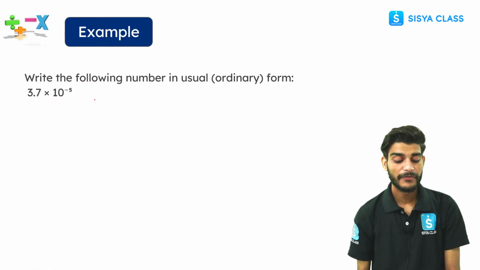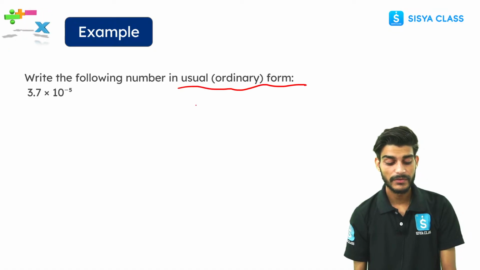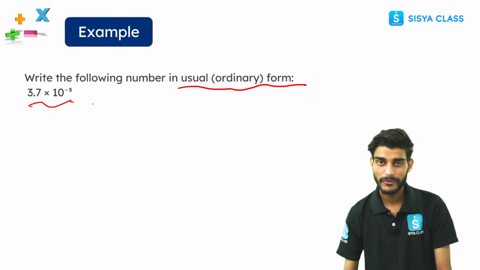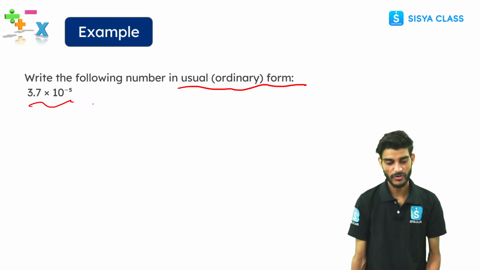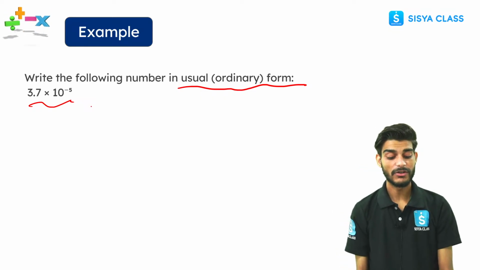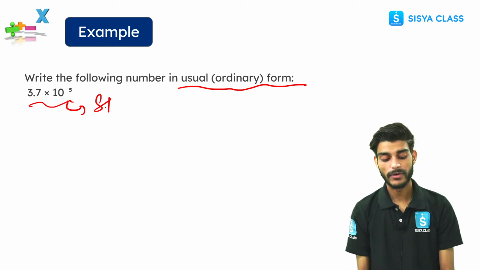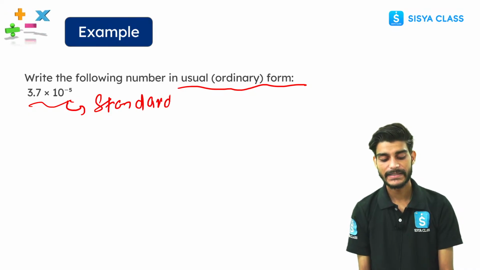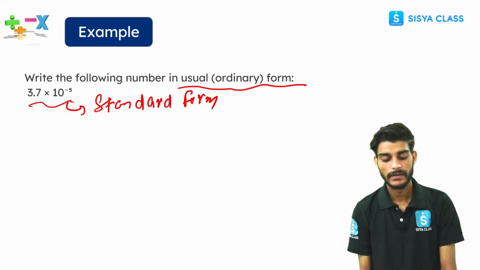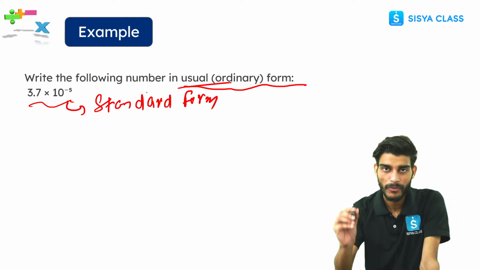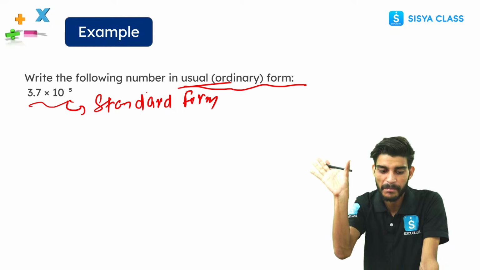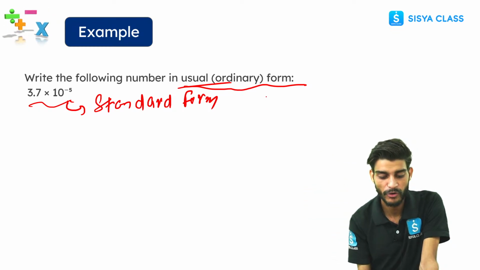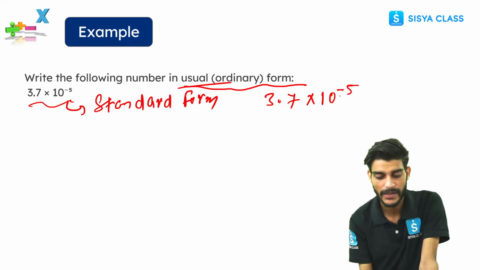Next one, write the following number in the usual form. Now you have to write this into the usual form, not standard form, because this is already in standard form. What will be the usual form means just write the number that you are getting. So 3.7 into 10 raised to the power minus 5.